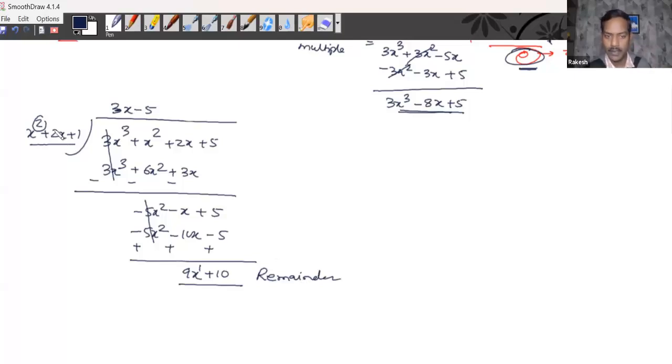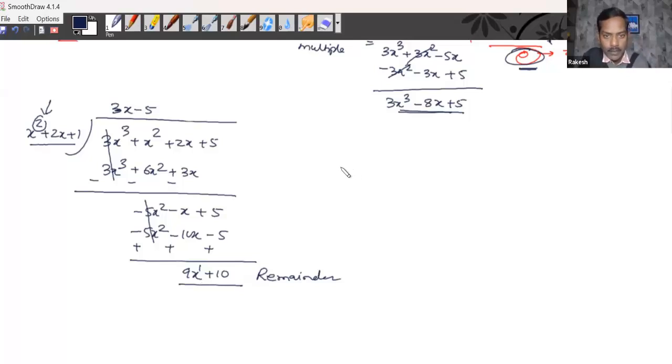It can be less than that also, because if everything vanishes, then the remainder is a constant number, and in that case also it is less. So I'm just correcting my statement. I said that the degree of the remainder will be 1 less than the divisor, but it is not necessarily always. Yes, the degree of the remainder will always be less than the degree of the divisor. That's for sure. And whenever it occurs in the process of division, we'll just stop there.